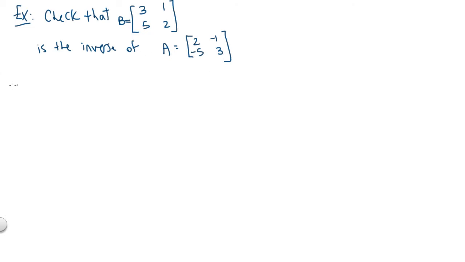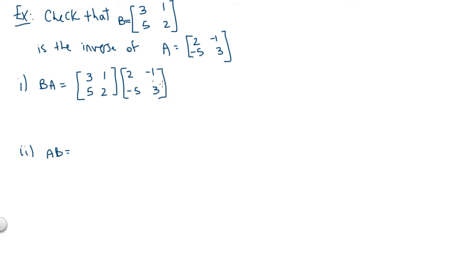Okay, well, there's two things we need to check. We need to check that if we multiply B times A, we get the identity matrix, and we need to check the multiplication in the other order as well. So we need to check B times A and A times B, make sure they both come out to the identity matrix. So let's try it. B times A is going to look like this.